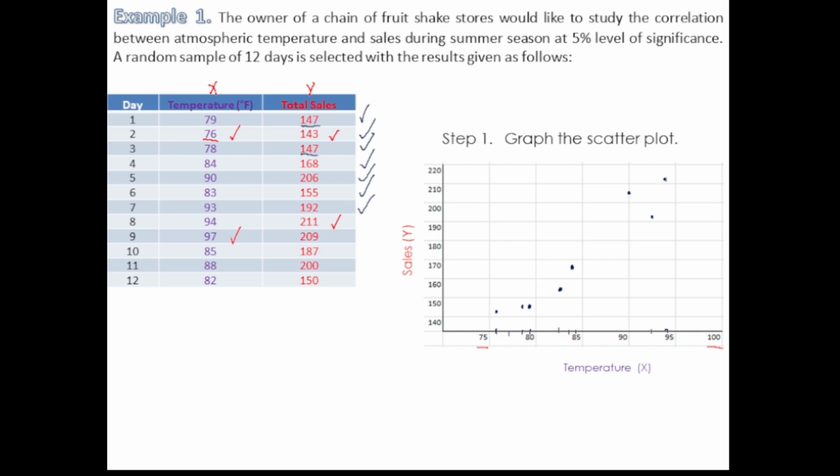Yan, nandito. Next, 97 tapos 209. So, 97, nandito siya. Tapos, 209. Okay, papunta na sa 210. Okay, nandito. Tapos, 85, 187. 85, saktong-sakto. Tapos, 187, nandito siya. Next, 88 tapos 200, tansyahin ulit.